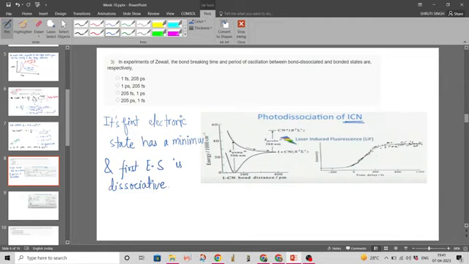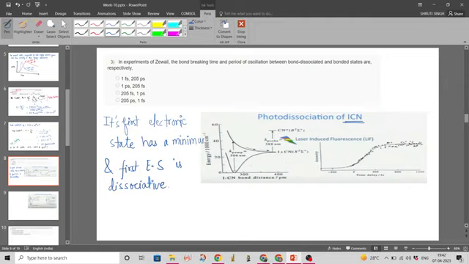So you can see here, this is the ground state, that is the first electronic state, which is bonded. It has a minima, and the first excited state is an unbound state. It doesn't have a minima, it just goes like this. So this state is dissociative, and this state is a bound state.